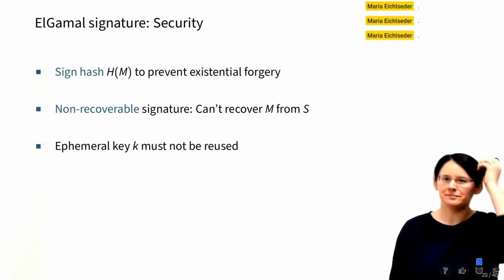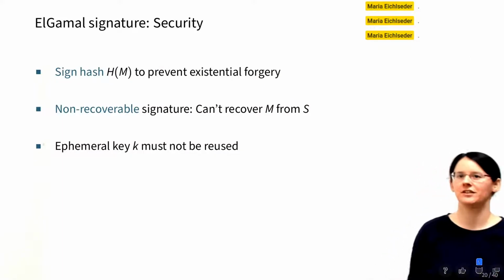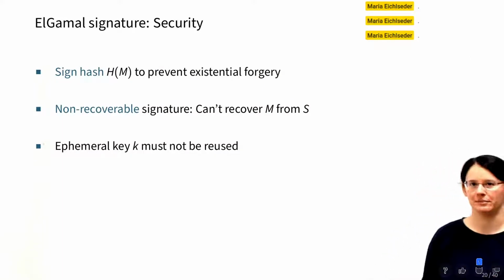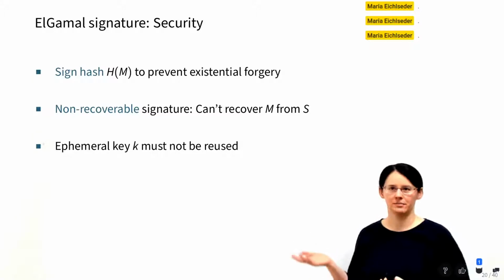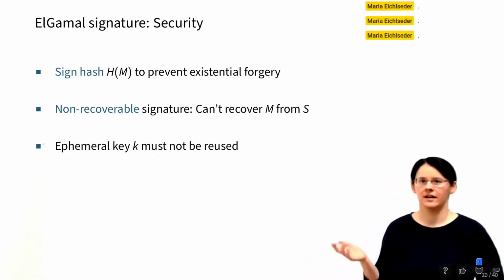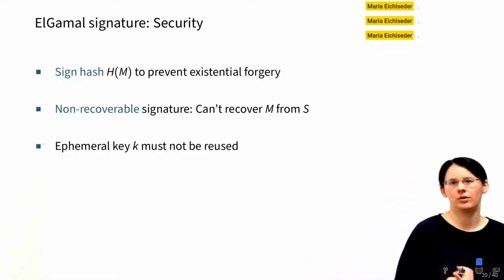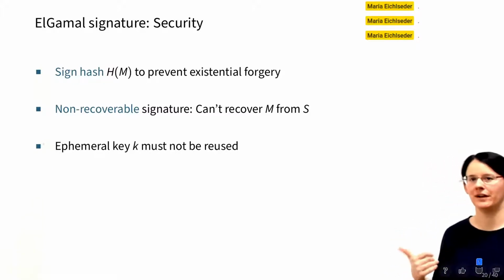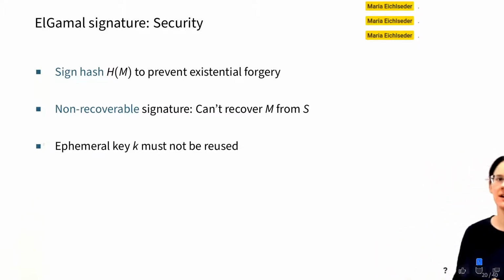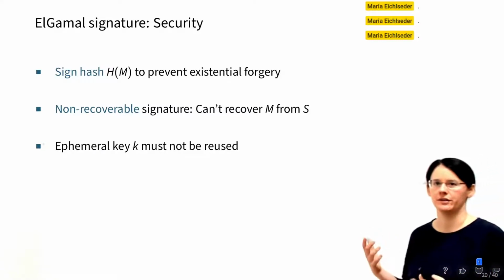Okay, so what are some of the security properties of this signature scheme? First of all, like before, we don't directly apply it to the message for several reasons. First, to prevent a so-called existential forgery attack, being able to come up with a value of m that fits and the corresponding signature so that they fit together.